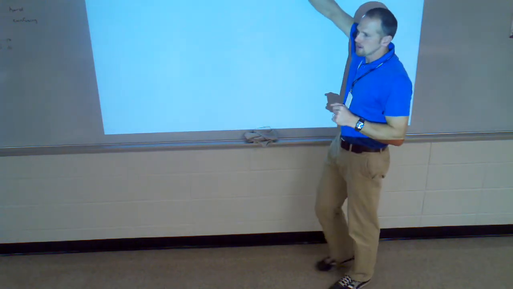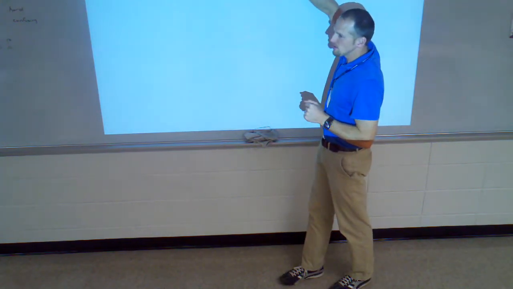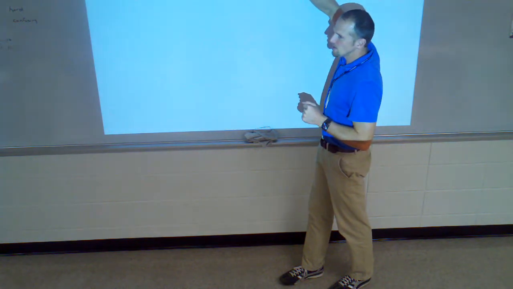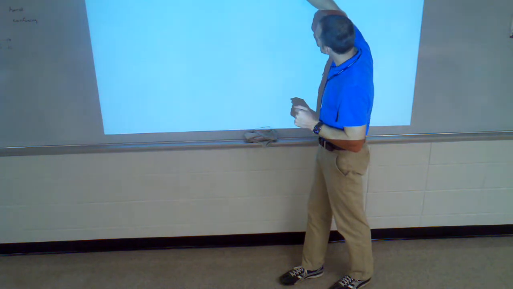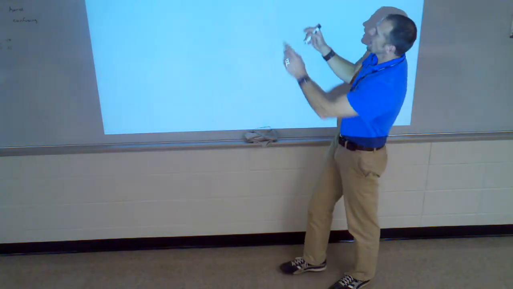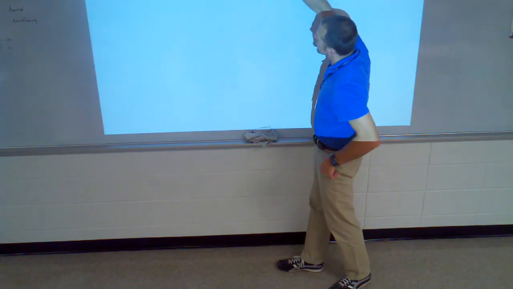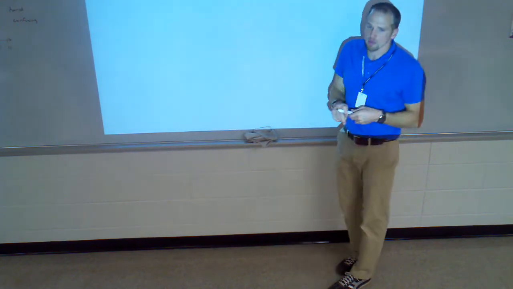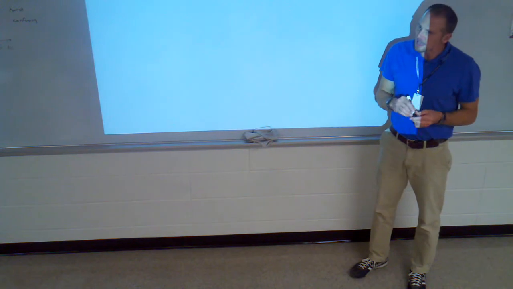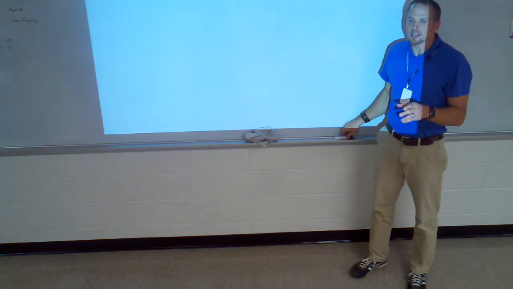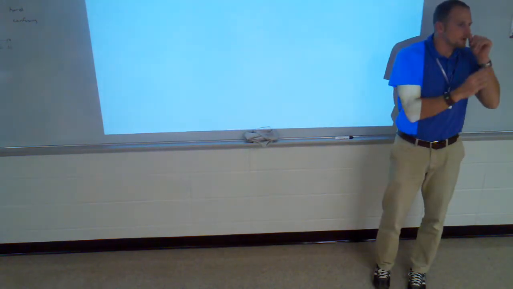Jaylee, do you know what number? 0. Very good. 0. So as I'm doing this, 0 is smaller than 5. So this will be my second, and this will be my third. Okay? Just happen to be in the right order. So, anytime you're putting a number in order, change it to a decimal.